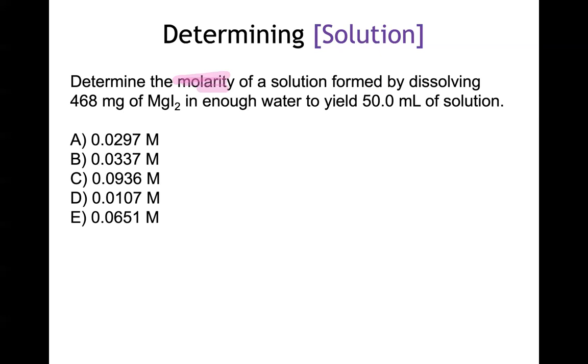And it was formed by dissolving something in water, so water is our solvent, which also indicates that magnesium iodide is our solute.